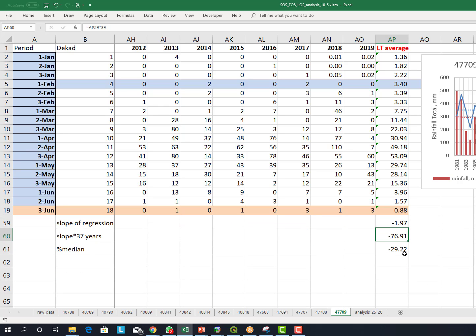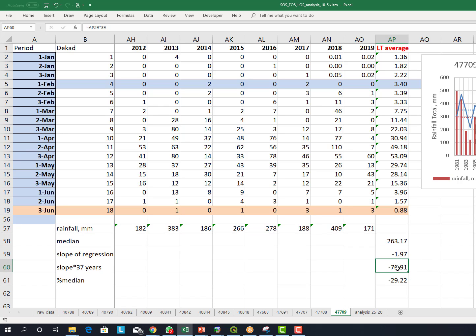And down here we calculate the percent of the median that change means. So this one is the change in percent of median. And this is very important because that's what is telling us how much rain we are either losing or gaining. So let's go back to the PowerPoint and take a look at the maps.